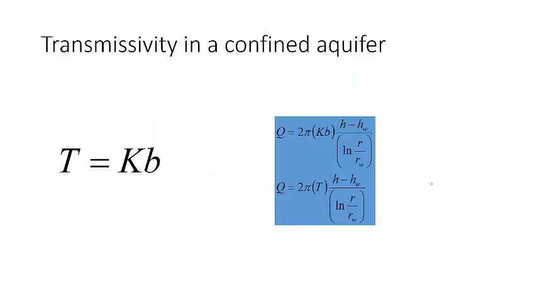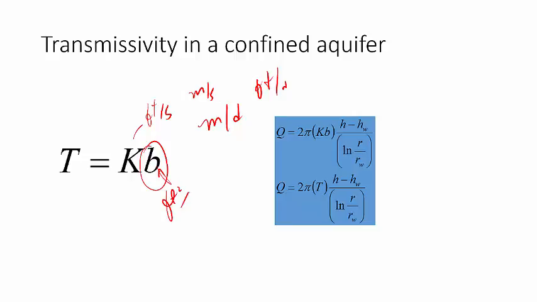So there's a term that's used, transmissivity in a confined aquifer, which is the hydraulic conductivity times the thickness of the aquifer. If you'll remember, hydraulic conductivity has units of feet per second or meters per second or meters per day or feet per day, but whenever you multiply times the thickness, now you'd have square meters per second, square meters per day, or square feet per day.